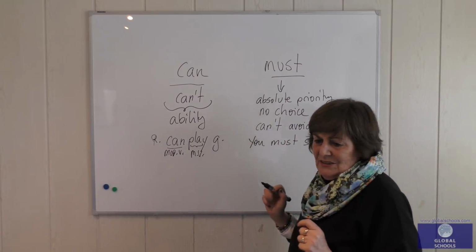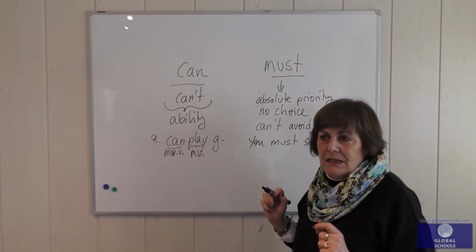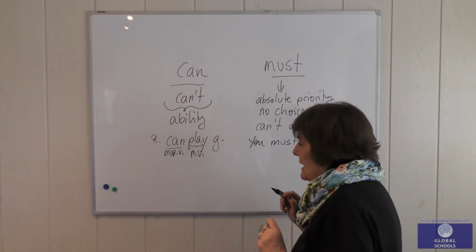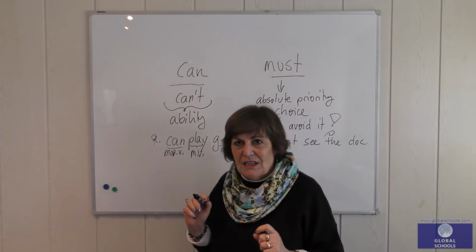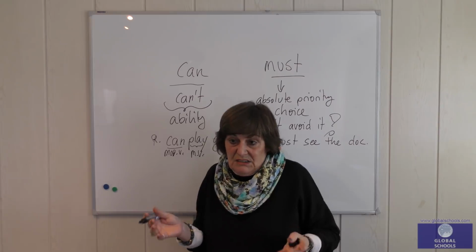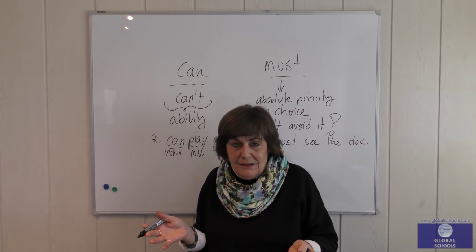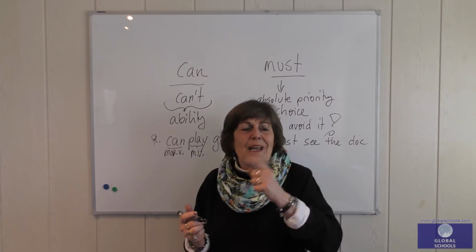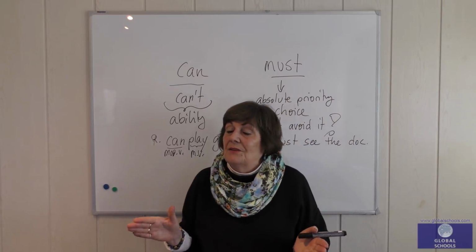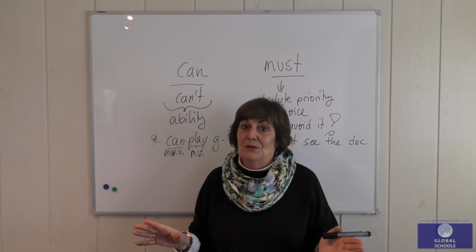And in a question, must she see the doctor? This is almost sarcastic then. In the question, you would say, do you think she has to see a doctor? Because when I say, must she see a doctor, I'm almost sarcastic. Because when I tell you, look, you must go see a doctor, then I am dead serious already.